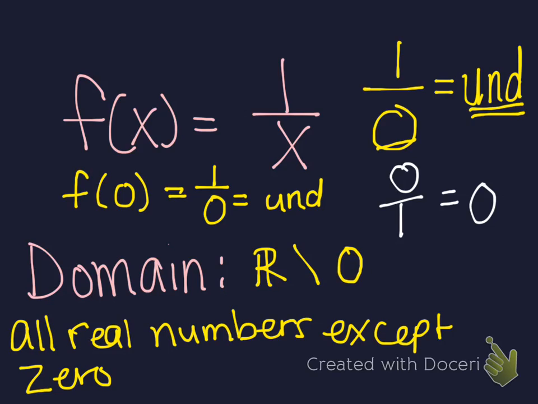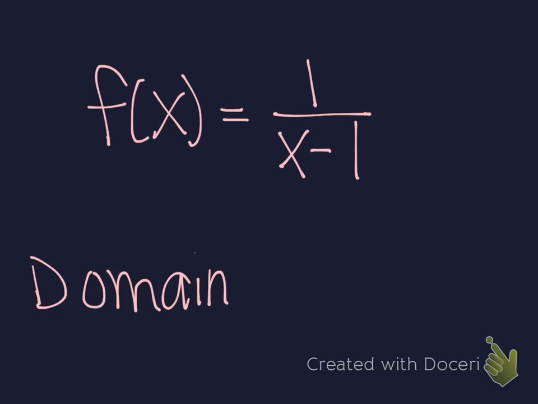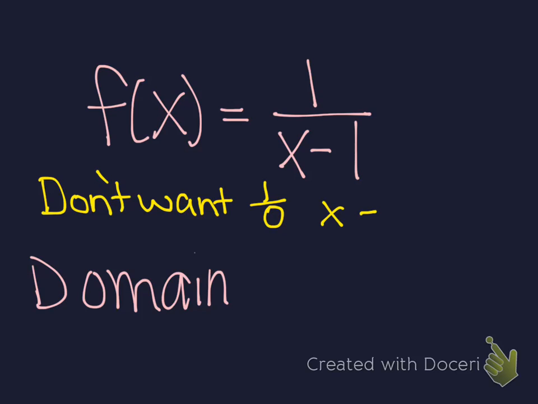Alright, let's try the next one. So here, it's not quite as obvious what's going to result in 0, but let's think about it. So I don't want 1/0. So I can't have x minus 1 be 0. This is bad. So I just have to figure out what values of x will make that happen.